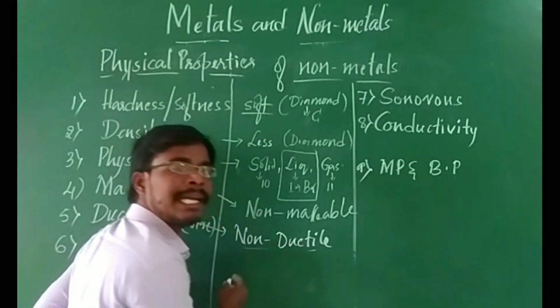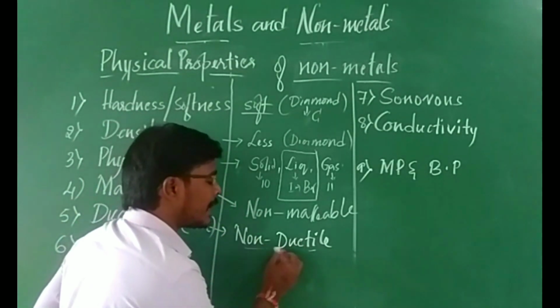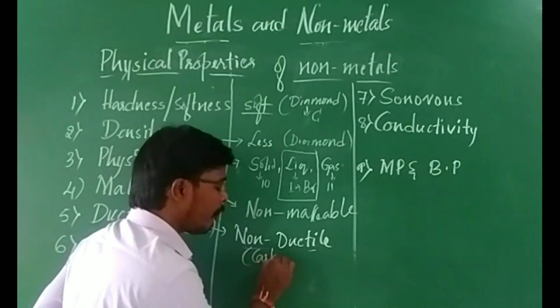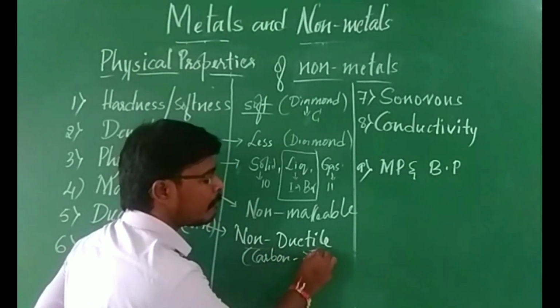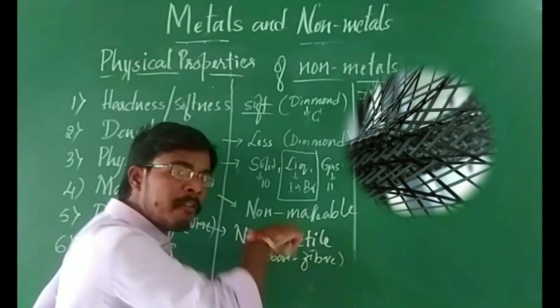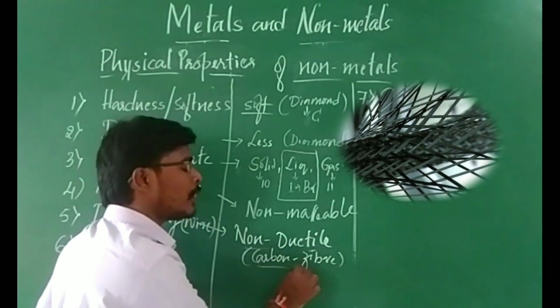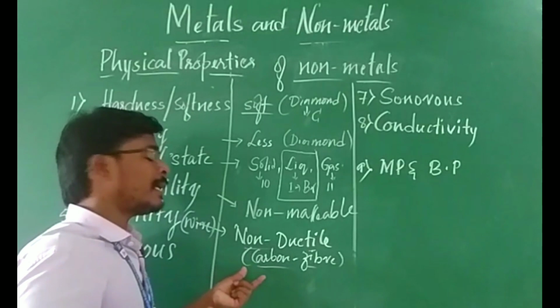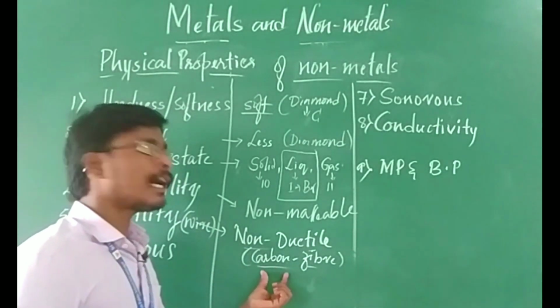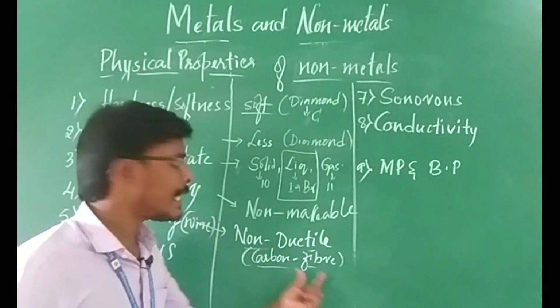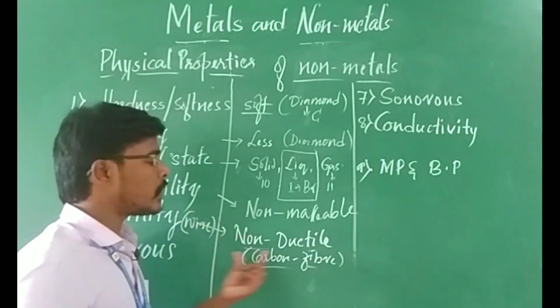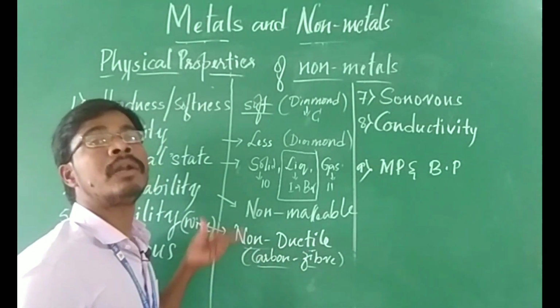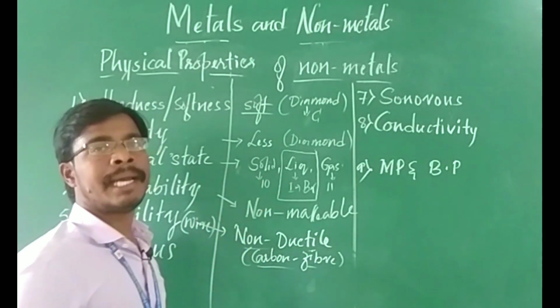But for ductility, we can give an exceptional case: carbon fiber. Carbon fiber is an allotrope of carbon, and we can form thin wires from it. Because of that, carbon is taken as an exceptional case, and all the remaining non-metals are non-ductile in nature.